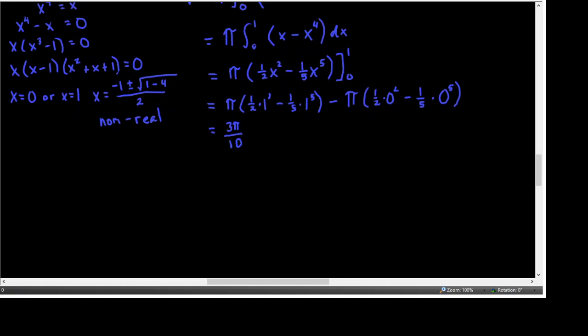So, example 3: find the volume of the solid generated when the region between y equals x squared minus 8x and y equals 8x minus x squared is revolved about the line y equals negative 20.